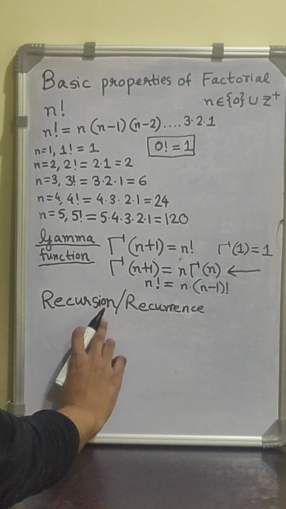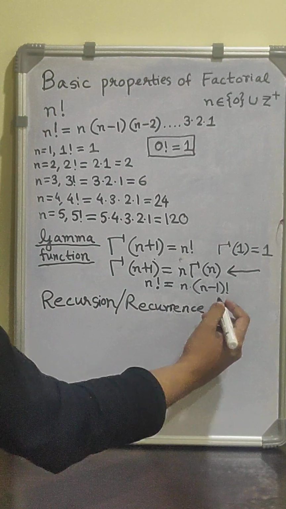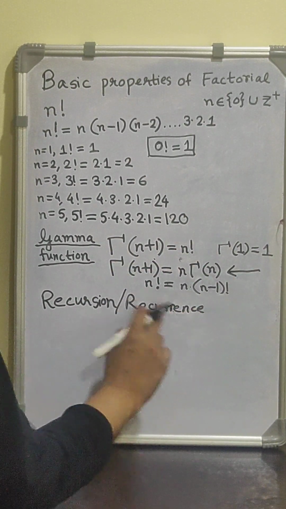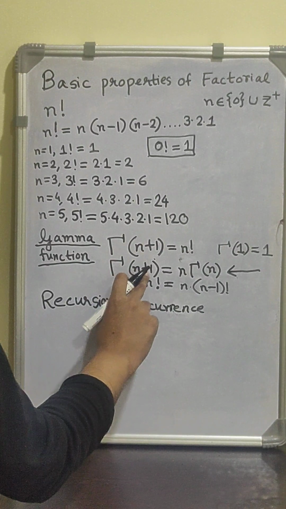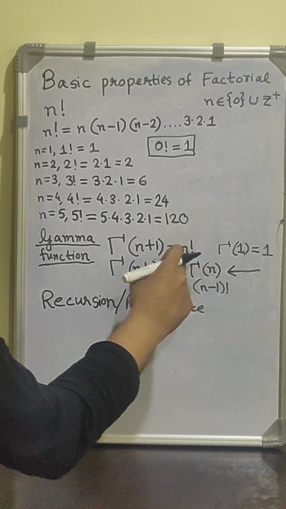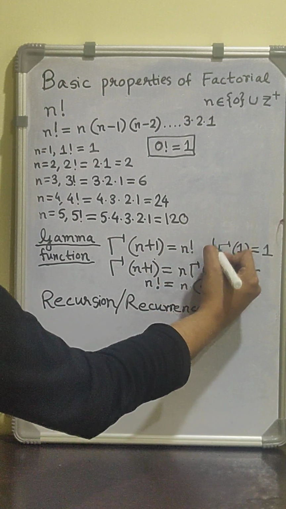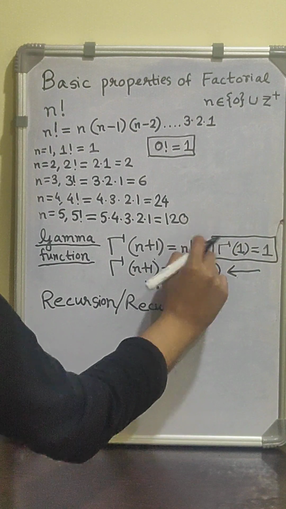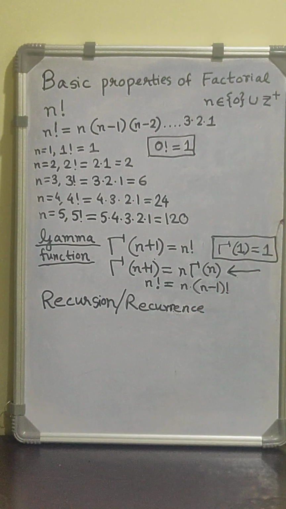But one of the fundamental things in a recursive function is that it needs to have a base condition, like it needs to terminate somewhere, so at least one value needs to be known. So every other value is known from the previous value, but when you keep on doing this, you have to go down to one value that has to be known. So gamma of 1 has to be 1.